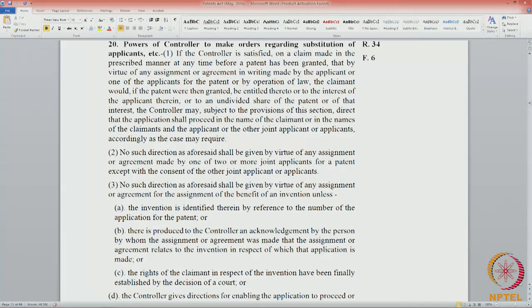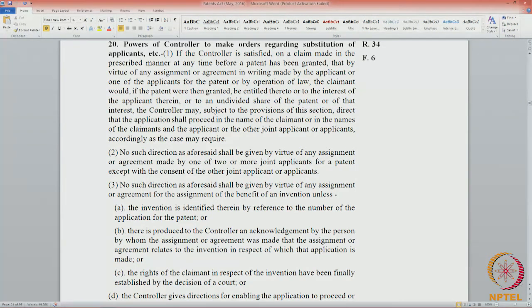So, three things, he was entitled to the patent, the application, or to an interest, or to an undivided share of the patent or that interest. In such cases, the controller shall direct the application to proceed in the name of the claimant or claimants, or in case there are existing applicants who also continue with him, then in their names jointly.